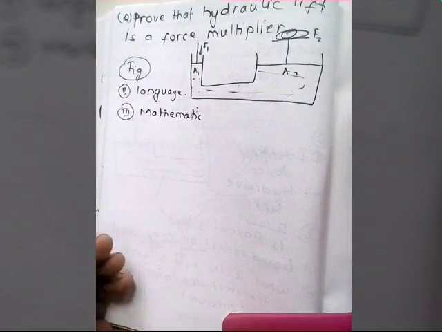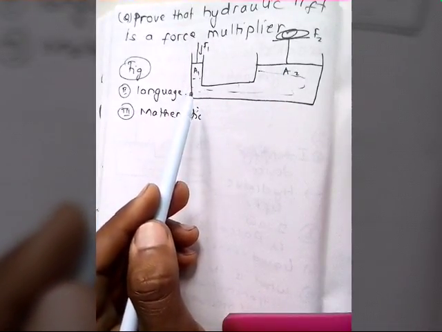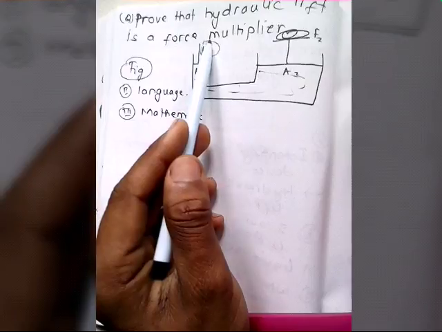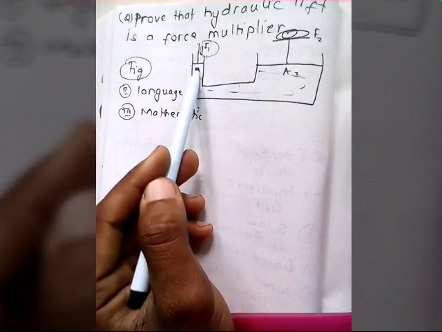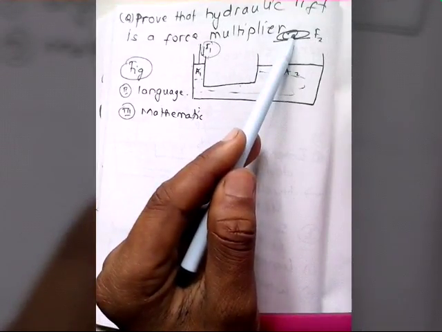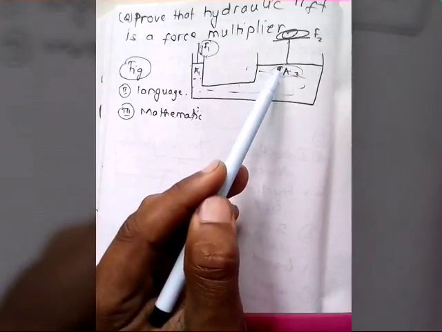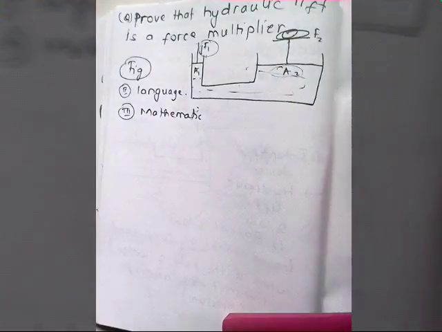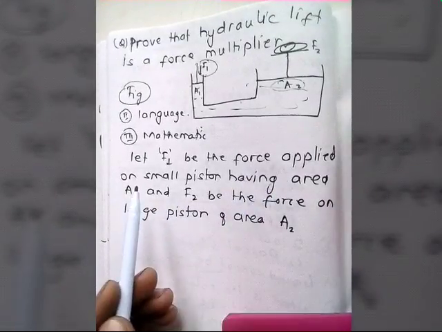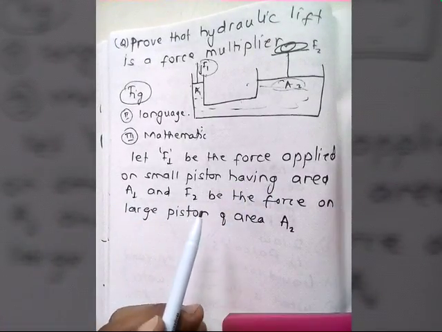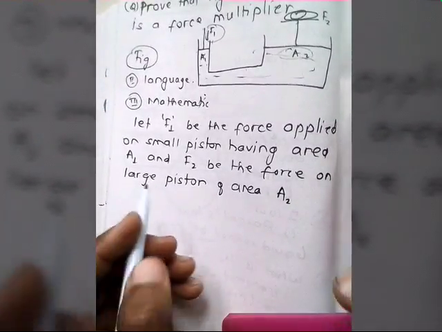So how do we write the language? The given figure is a hydraulic lift. Consider F1 is the force applied on the small piston having area A1, and F2 is the load kept on the large piston having area A2. This is the language we'll simply be writing.